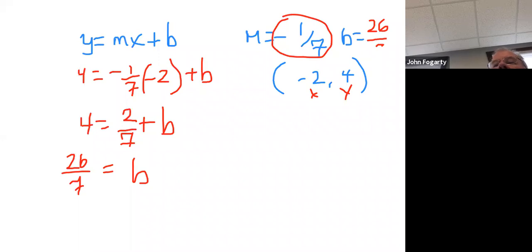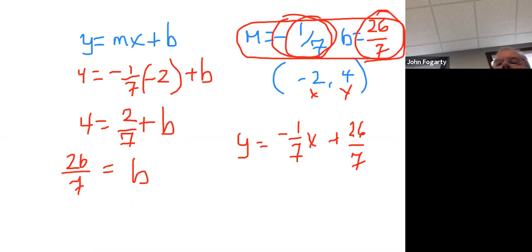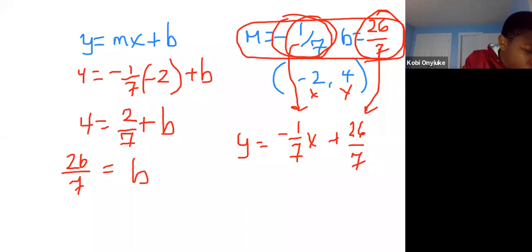So now I have what I need. I have my slope and my y-intercept. So my slope is -1/7 x, and my y-intercept is 26/7. Not that big a deal, right? No, sir. This is algebra 1, by the way.